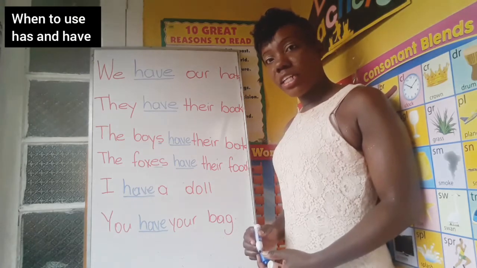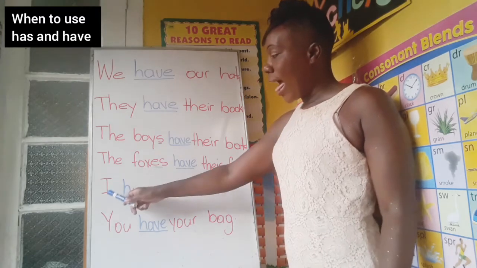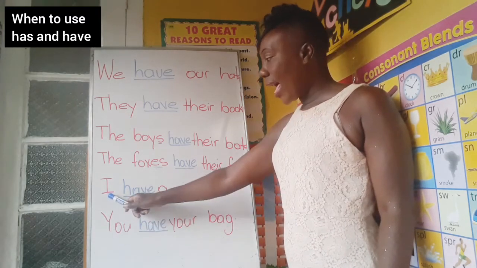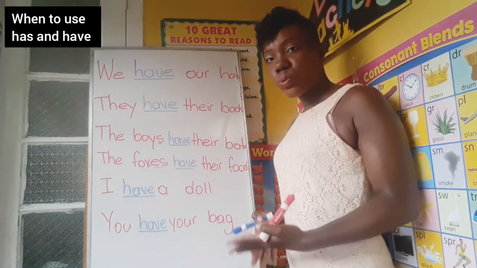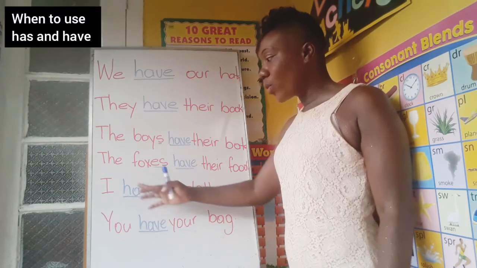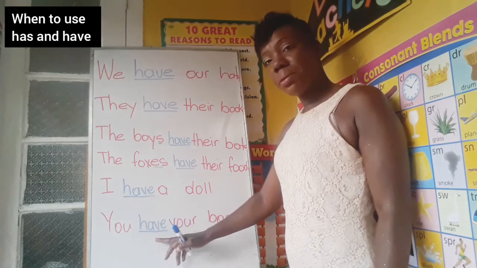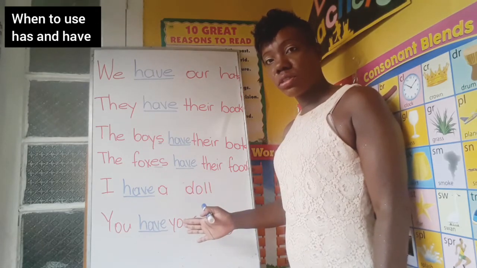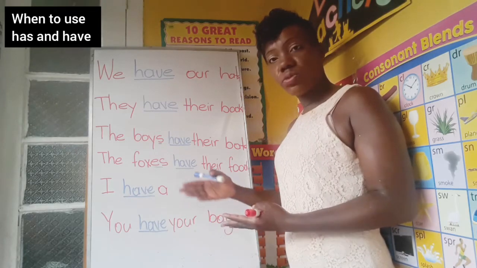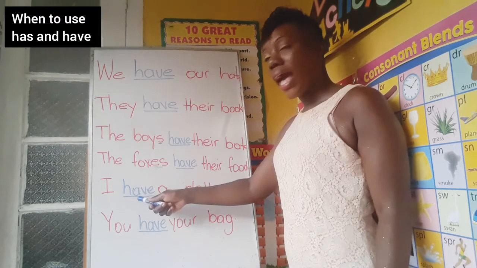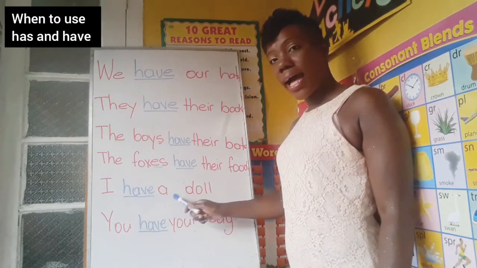And I should have explained to you that we also use the word have with I and you. I and you are singular, but in the English language we use have with I and you, even though we use it with plural nouns and pronouns. But when we're talking about I and you and we're using one of these words, have or has, we use have. I have a doll.